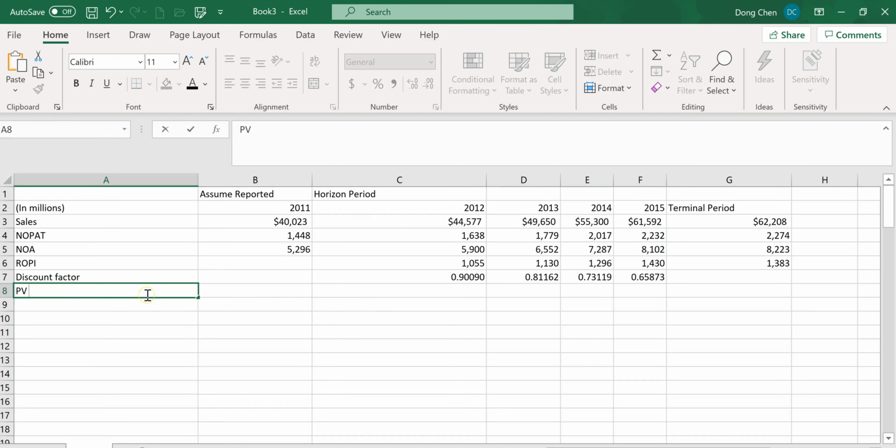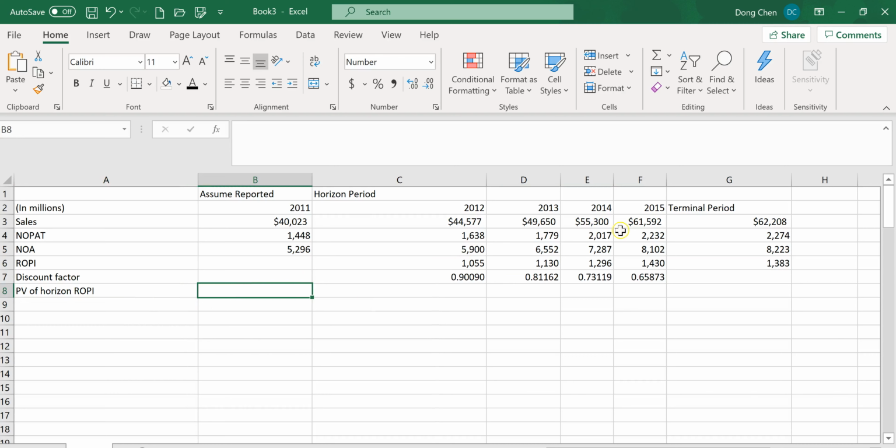Then the present value of horizon ROPI. The horizon is these 4 years, and the terminal is the next year after 2015.